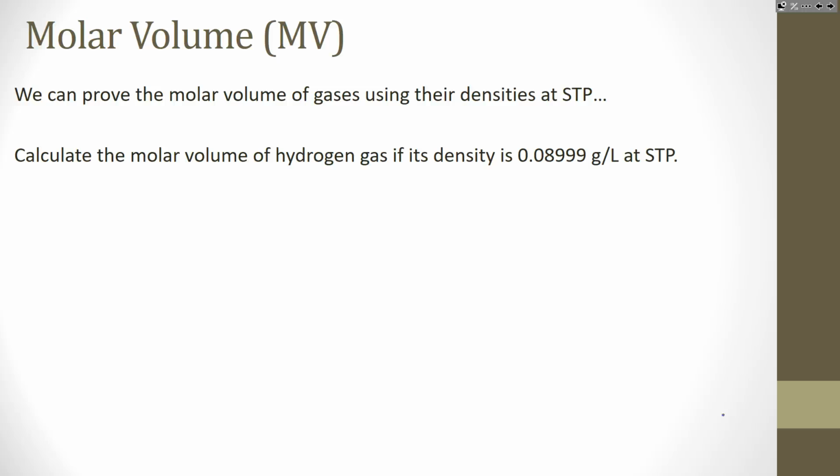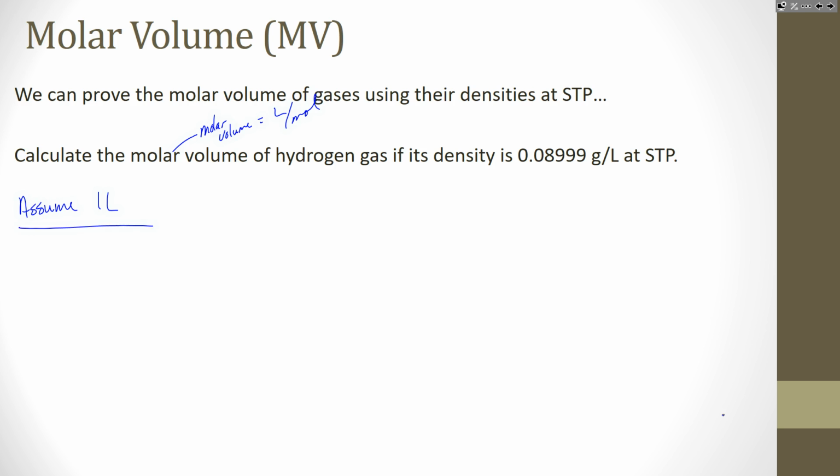Now using that, we can actually calculate this molar volume, this 22.4 number. Let's just assume you have 1 liter of this stuff, and we want to find this molar volume. That's liters per mole. Molar mass is grams per mole, molar volume is liters per mole.